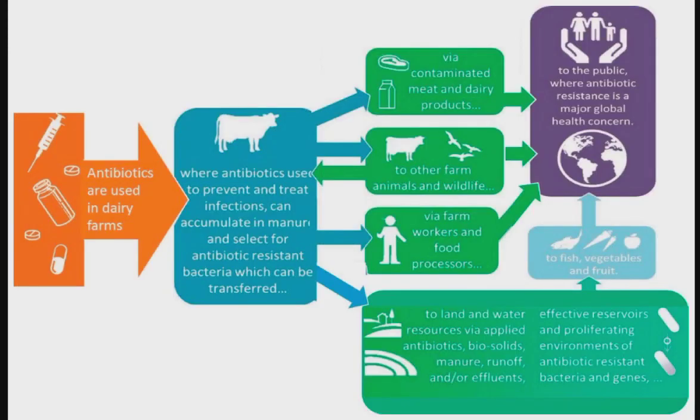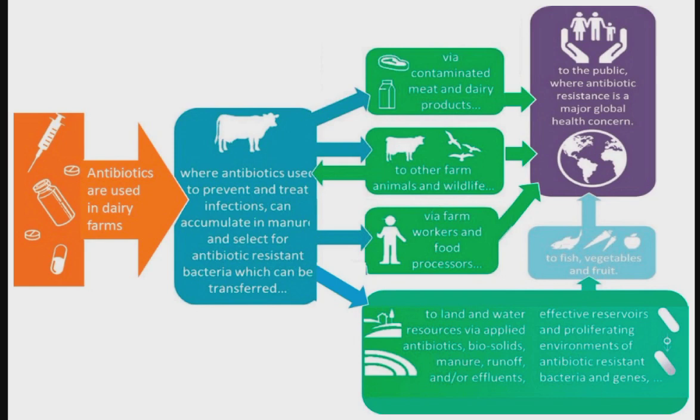So our aim is to check whether our food sample has antibiotics or not. Here is a rough diagram just to help you understand. Antibiotics are used in dairy farms to prevent and treat infection, but they can accumulate in the manufacturing chain and select for antibiotic-resistant bacteria, which can be transferred.